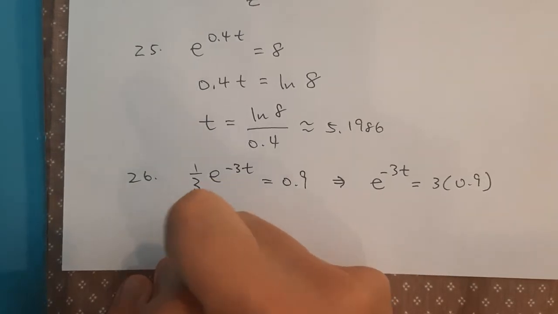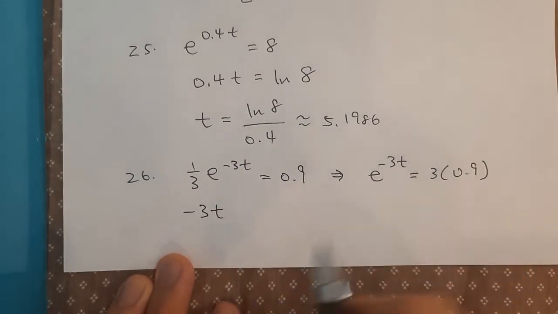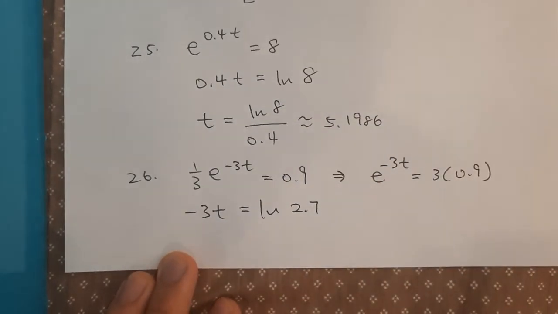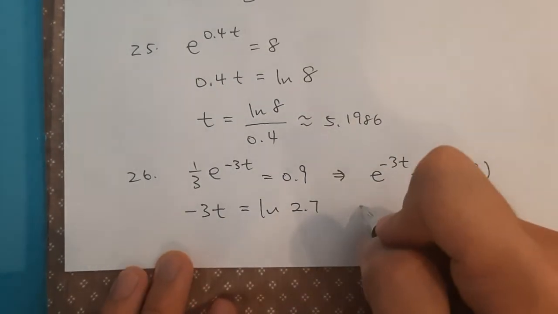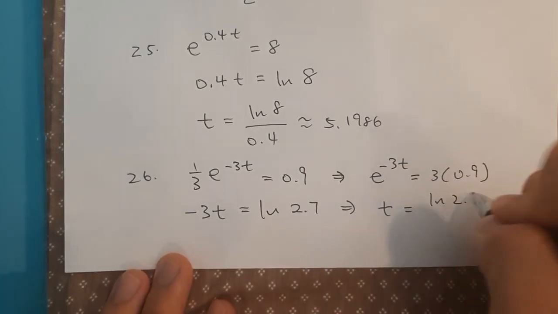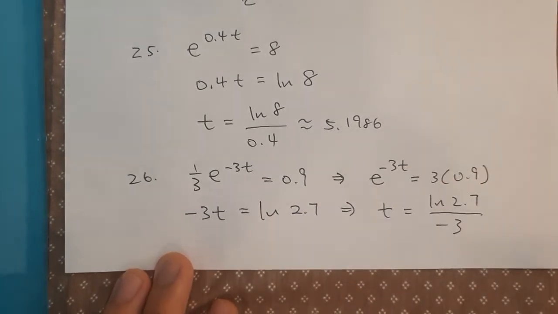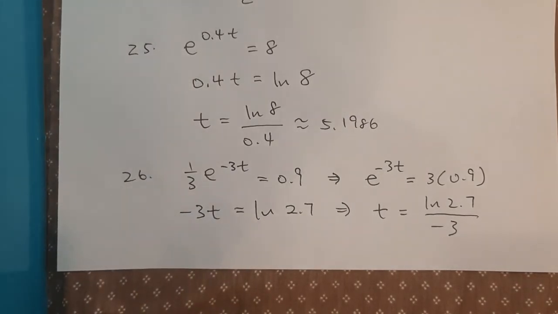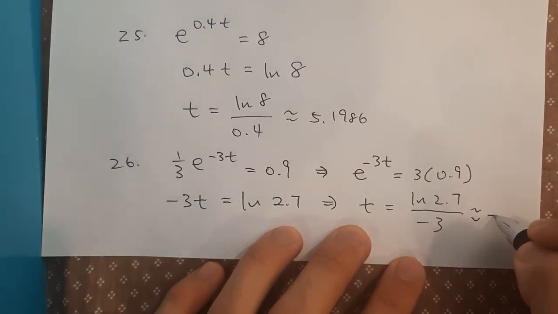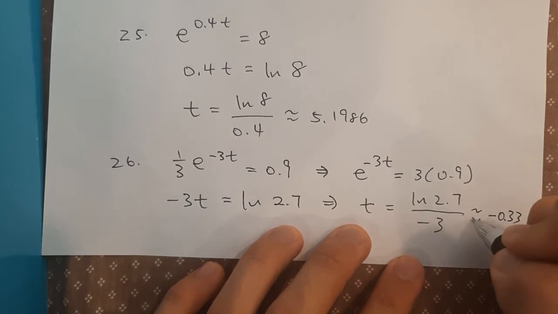Rewrite it in the logarithmic form. So we have negative 3t equals ln of 2.7. So t is going to be equal to ln of 2.7 divided by negative 3. And we end up with approximately negative 0.33.